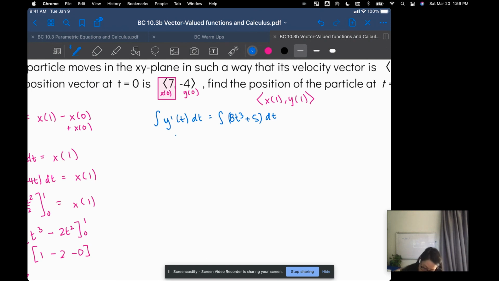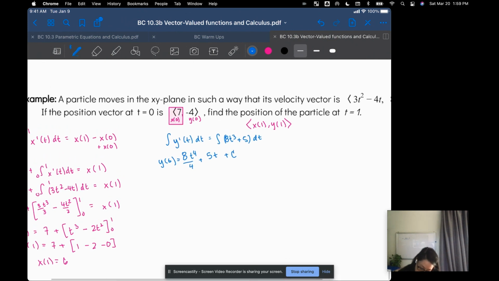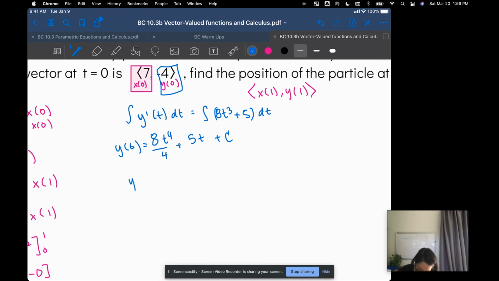So I get 8t to the 4th over 4 plus 5t plus c, okay? And this is going to give me y of t. So to solve for the c value, I need to plug in my initial condition, which is y of 0 is equal to negative 4. So 8 divided by 4 is 2 times 0 to the 4th plus 5 times 0 plus c. So negative 4 is equal to c.